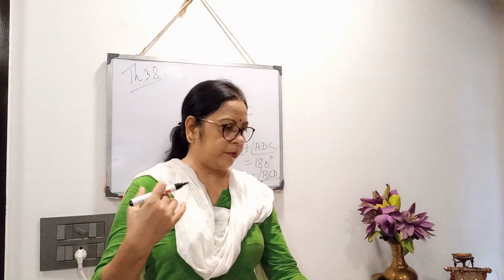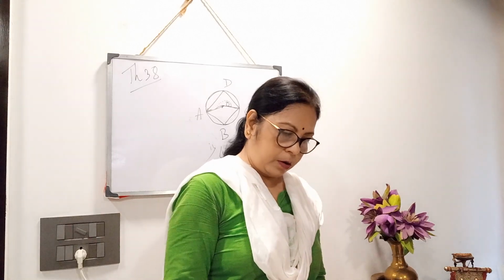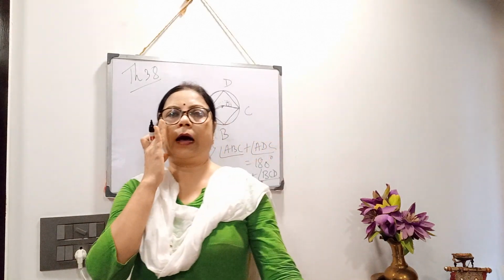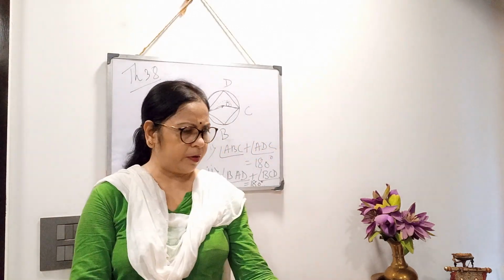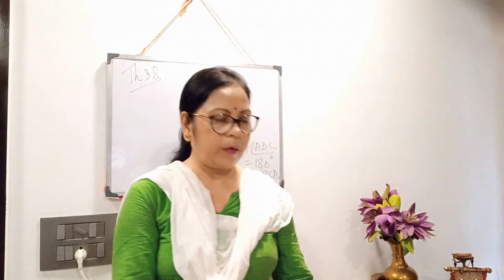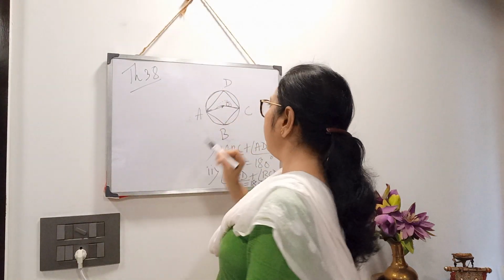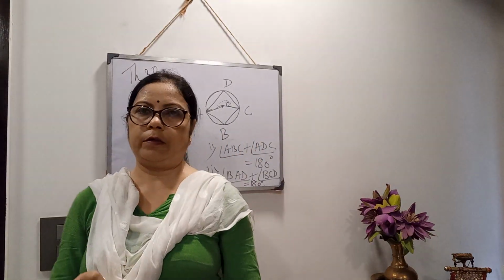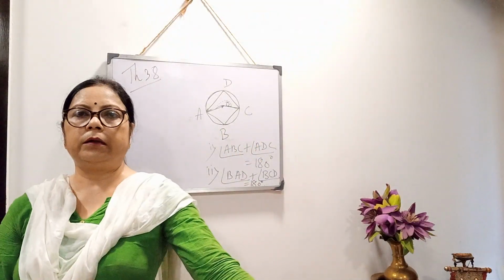Now from a previous theorem, or in class 9 you have learned, or in a previous chapter maybe, that the angle formed at the center is double the angle formed at the circumference. Maybe in class 10 you have learned that.